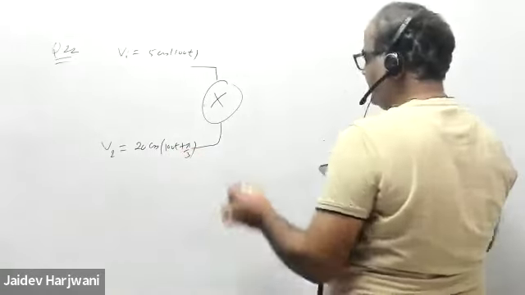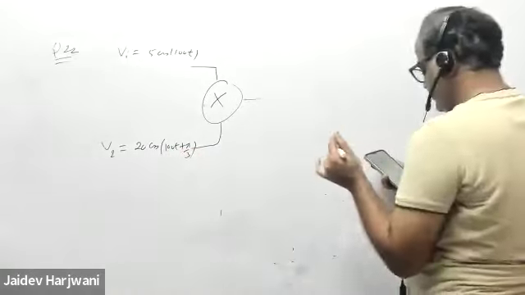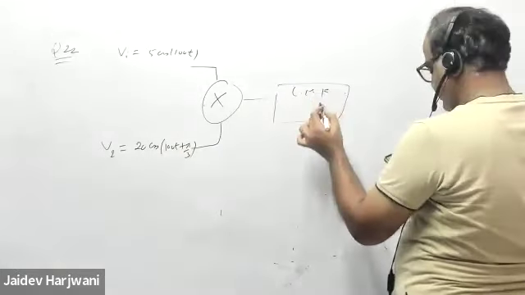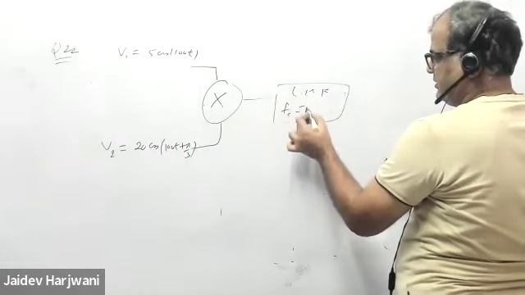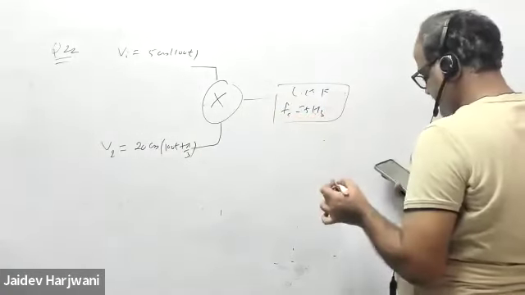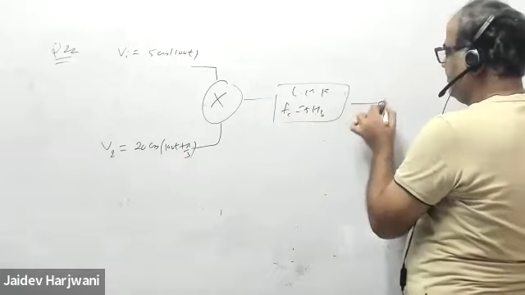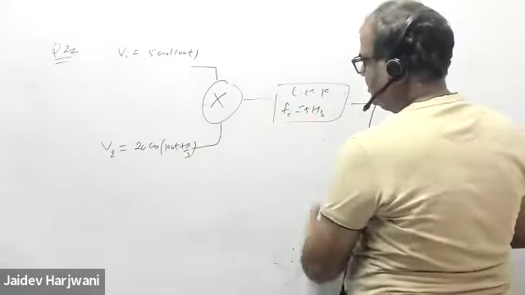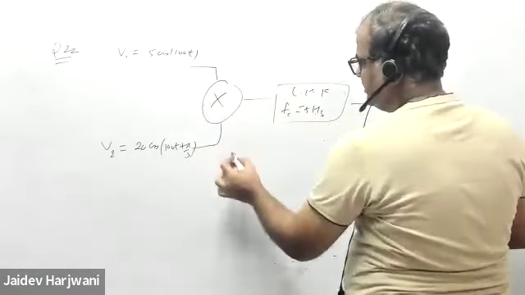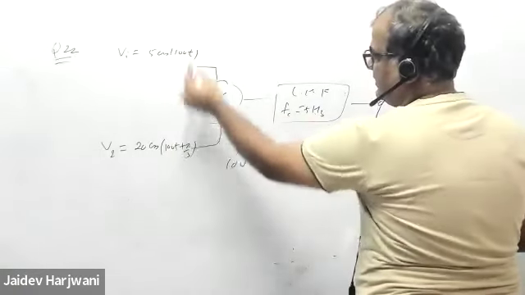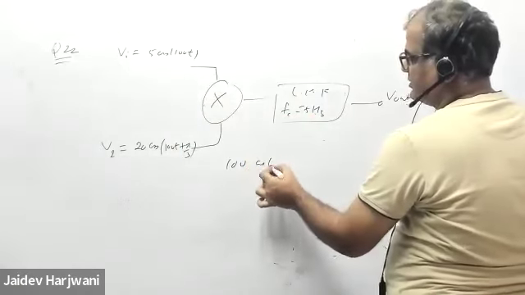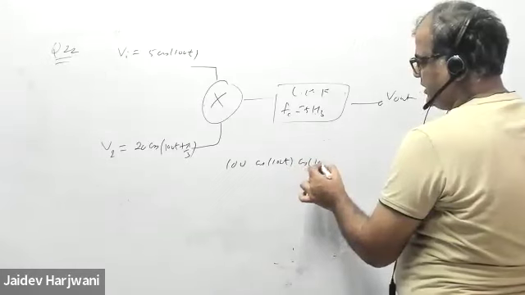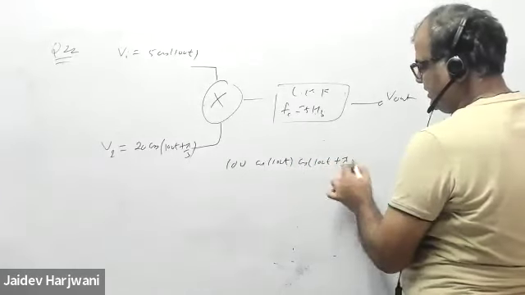Frequency is the same. Okay, I am passing it through a low pass filter of frequency 5 hertz. That is important. You have to check this one. Tell me the output. Signal will be 100 multiplied by cos 100t into cos of 100t plus pi by 3.